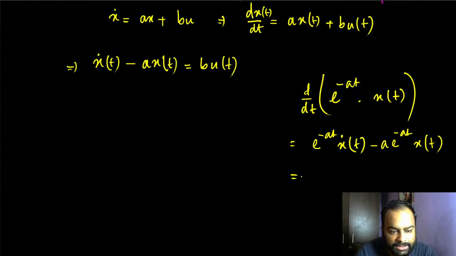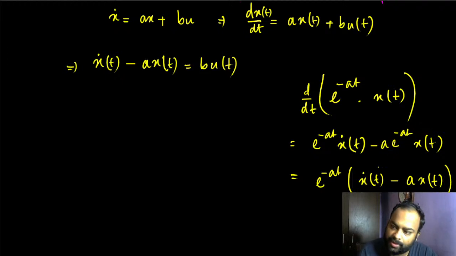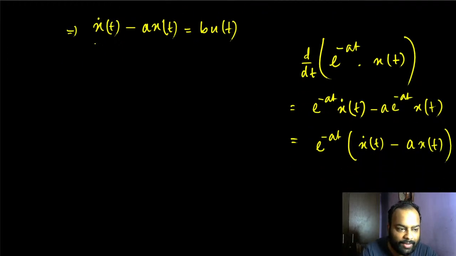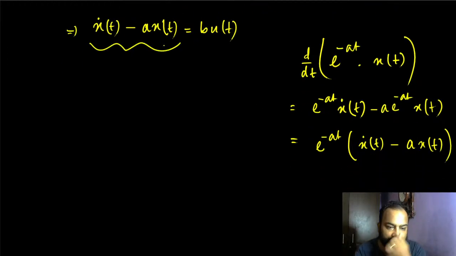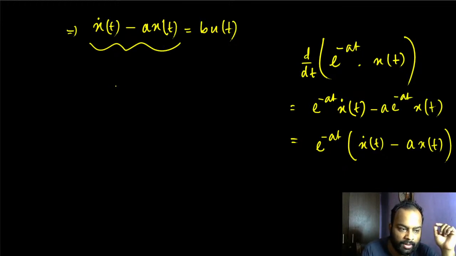Now you notice that if we take e to the power minus at and factor it out, what we have is x dot(t), and here we have minus a x(t). Notice that this is exactly what we have here. So what we are doing right now is multiplying both sides of this differential equation with e to the power minus at.